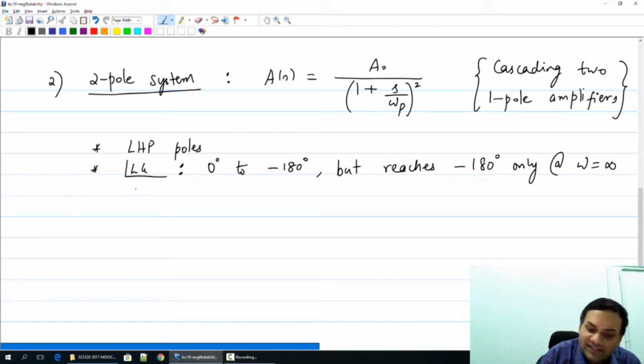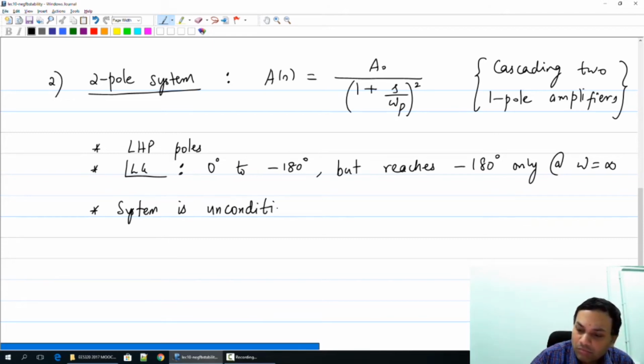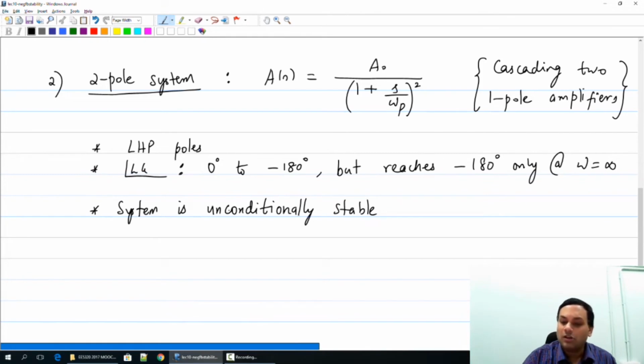So technically this system is unconditionally stable. So this is also great news for us.